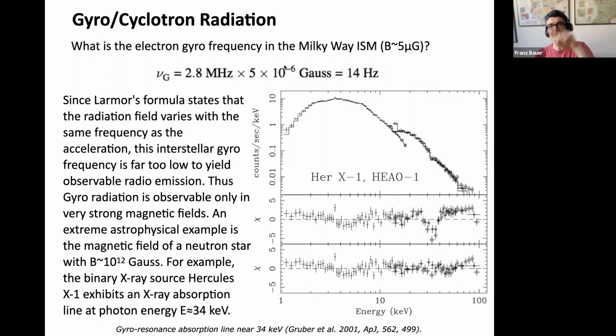Because this has a very uniform frequency of oscillation, what you're going to get when you turn it into an actual frequency is an emission line, because it has a very specific frequency.